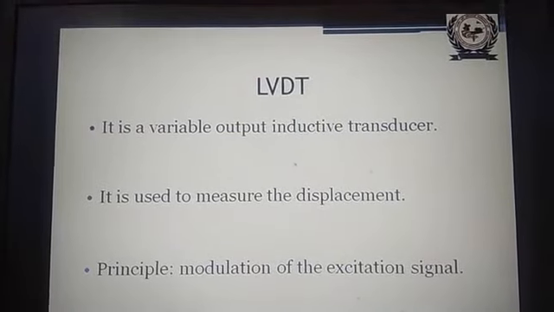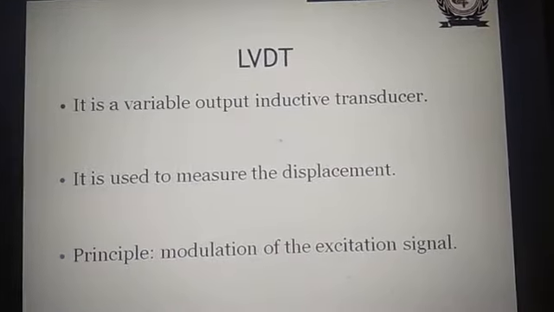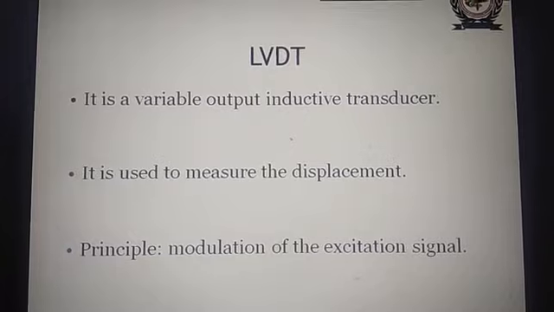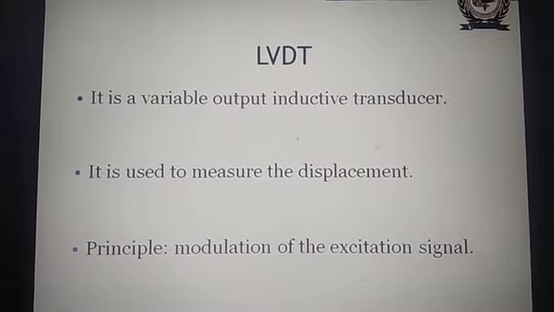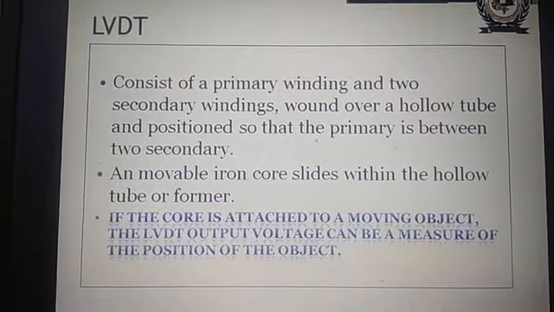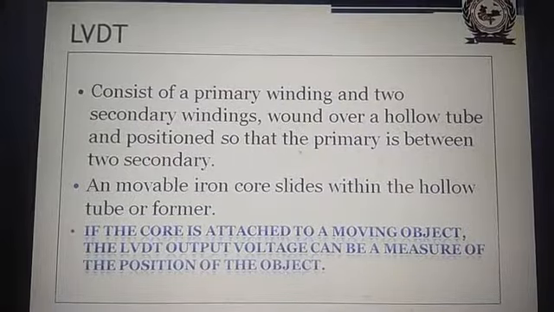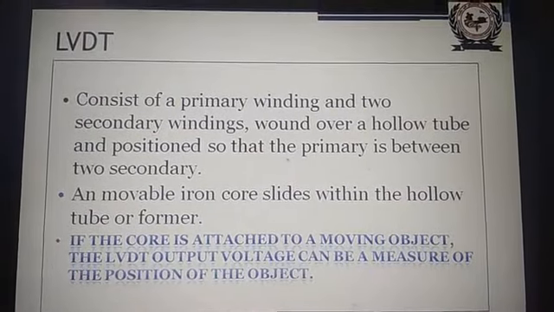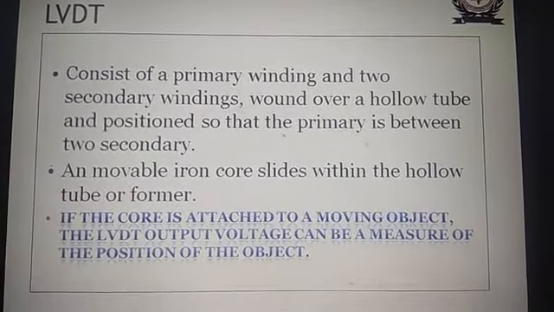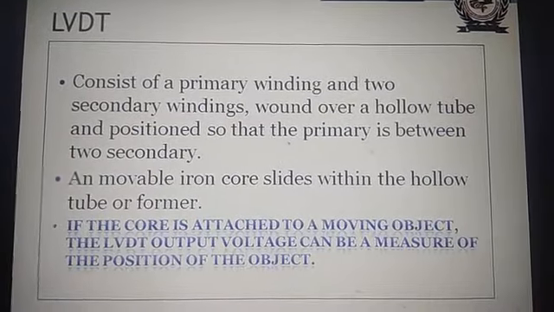It is a variable output inductive transducer. It is used to measure displacement. Its principle is modulation of the excitation signal. LVDT consists of a primary winding and 2 secondary windings wound over a hollow tube and positioned so that the primary is between 2 secondaries.